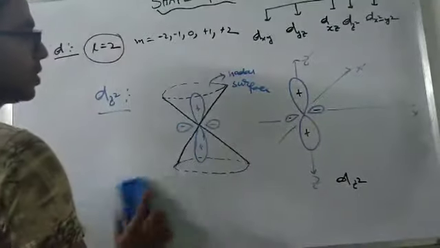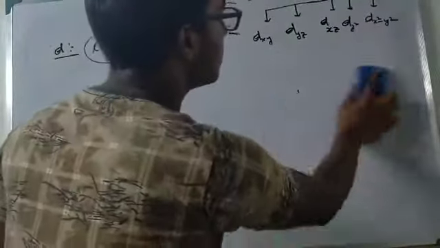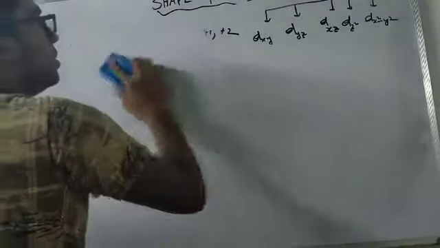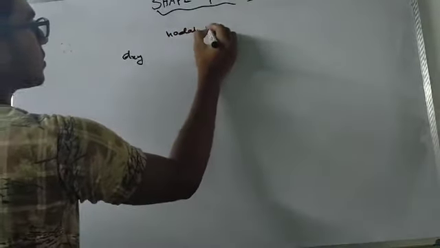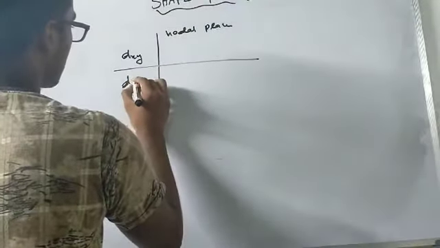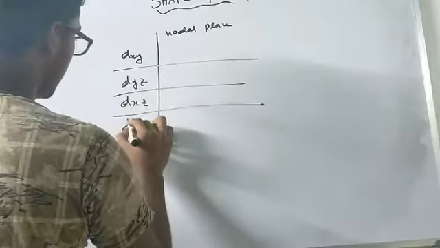Let's summarize all the things. For d orbitals, I will write here nodal planes: dxy, dyz, dxz, dx square minus y square, dz square.